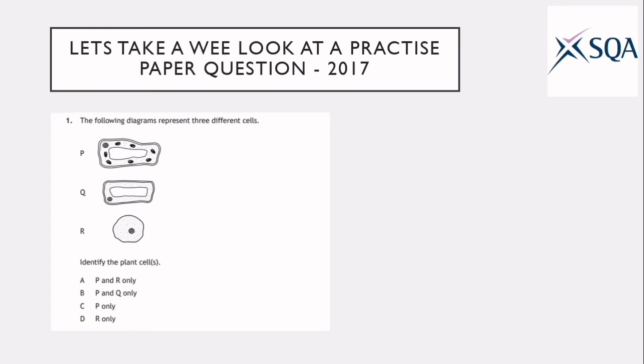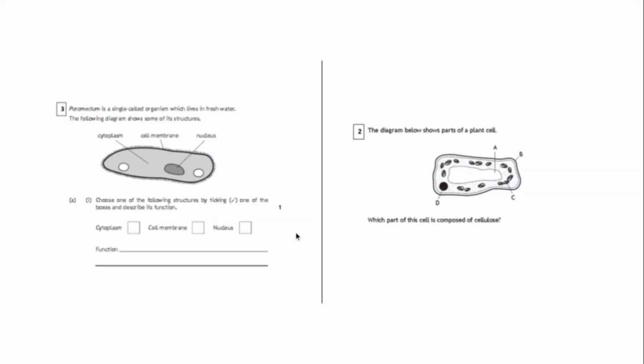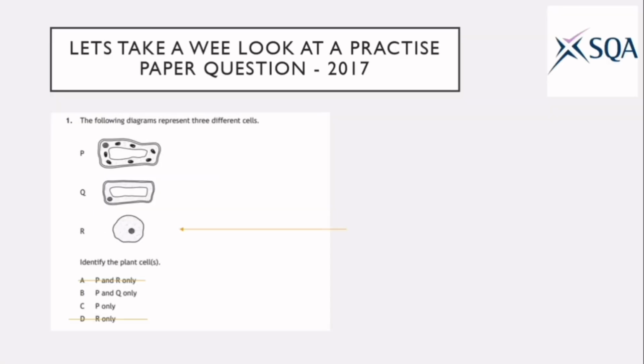It's got no permanent vacuole, and it's got no chloroplast. This means that we're going to have to exclude R. Chloroplasts are not in every plant cell, but we have a cell wall and a permanent vacuole. Therefore, P and Q only would be the correct answer for that.